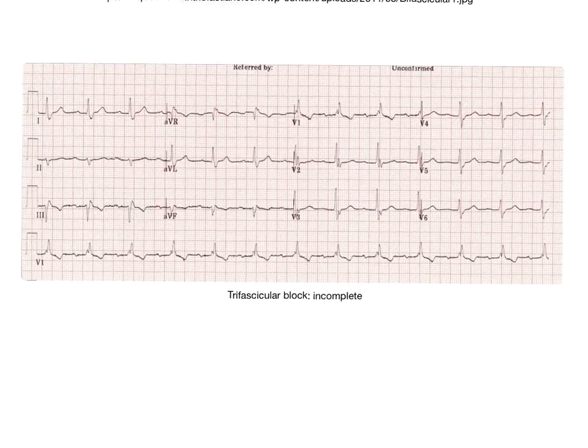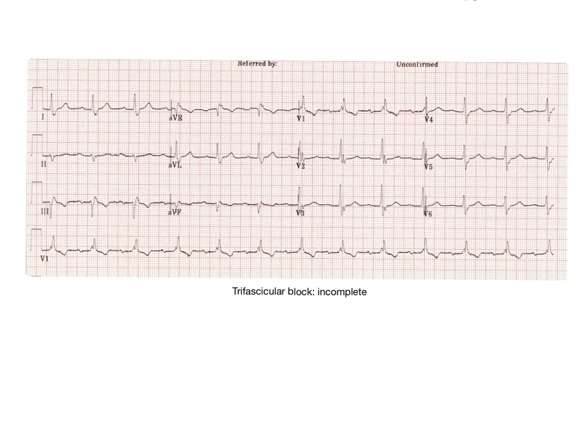Let's take a look at this one here. So let's start again. Is left axis deviation present? Yes. What's lead 1? It's up. Lead 2? Down. Lead 3? Down. So, yes. And then what?